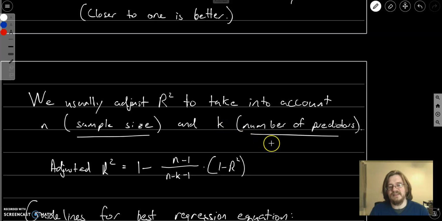This means that simply throwing more variables into the equation isn't going to make it seem better artificially. It'll take care of that problem. So ultimately, we just want our adjusted R squared. It's just slightly better at giving us information about the goodness of fit than the original R squared.